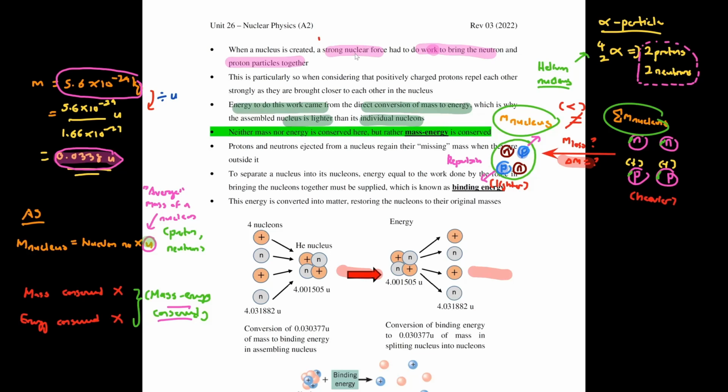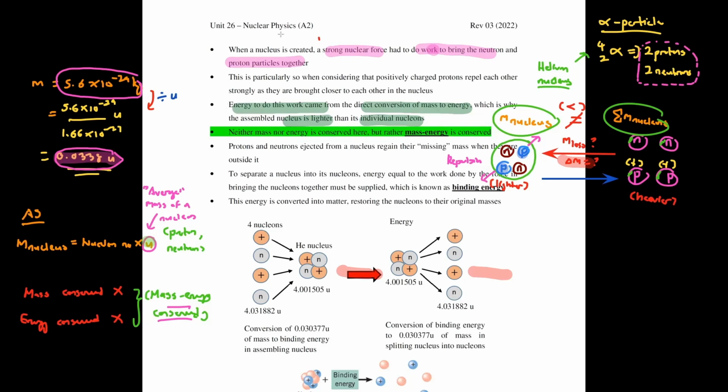Let me just try and draw it out using a different color. You're trying to do it in the opposite direction like this, right? So if let's say you have a nucleus and then you want to break it apart into the individual nucleons, you actually have to supply energy equal to what you spent to combine the nucleons in the first place. You have to give back the same amount of energy in order to break the nucleus apart.